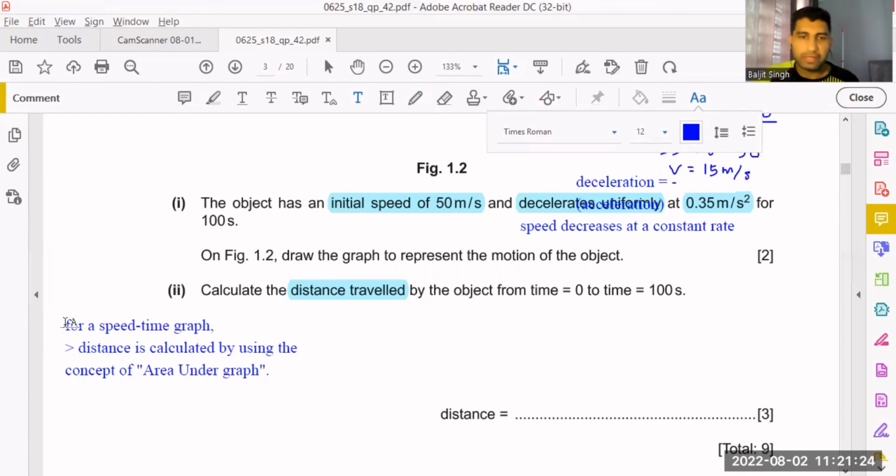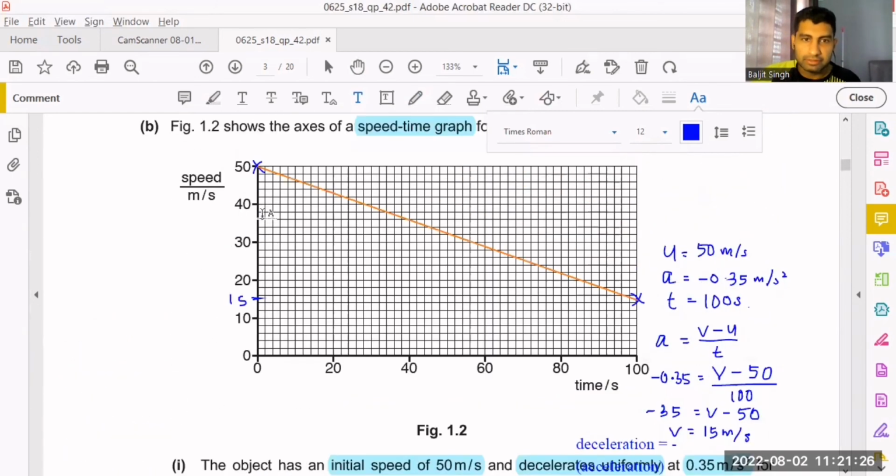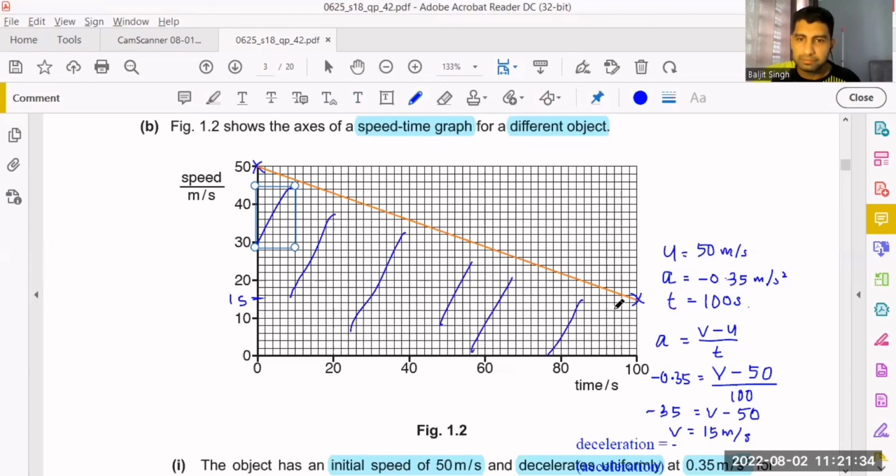So let's see what area we have under this graph here. If you notice, the area under this graph is actually the area of a trapezium. Okay, if a student can visualize it, it is a trapezium. Or you can also look at it as two different areas: one is a triangle above, up to 15 here, and the bottom here is the rectangle.